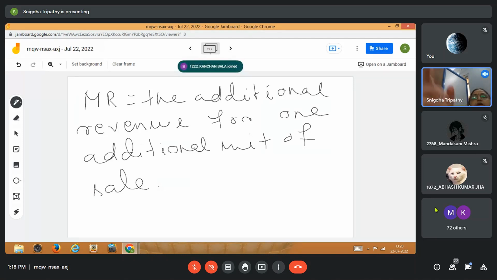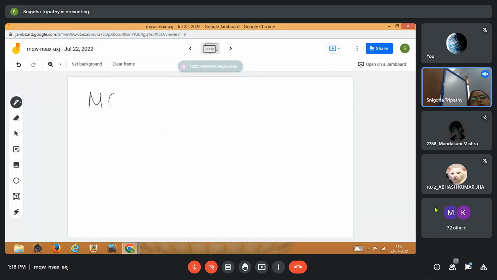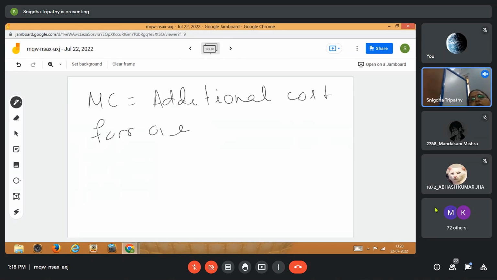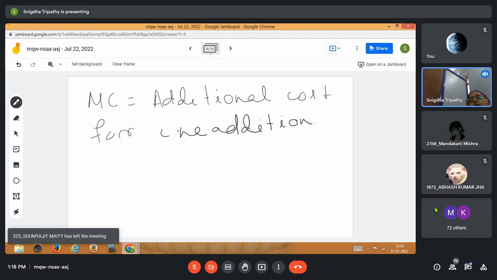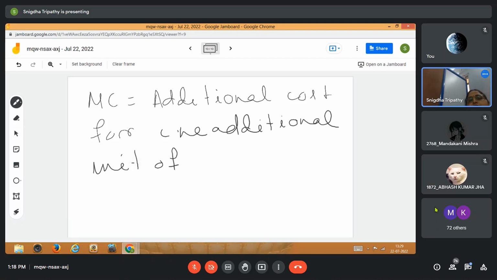Then what is my marginal cost? Marginal cost is the additional cost for one additional unit of output produced.